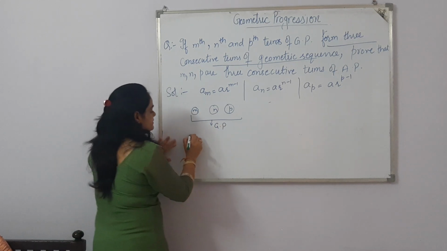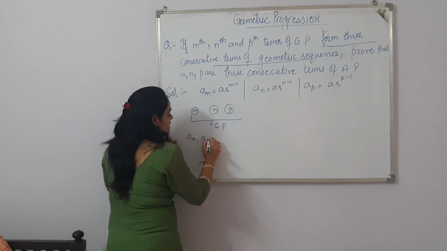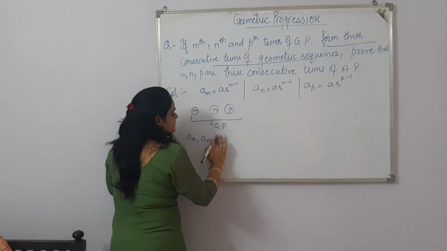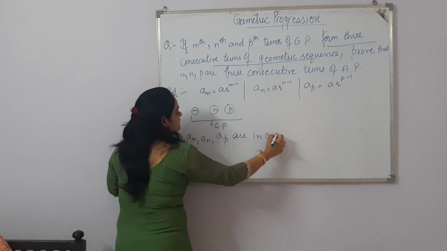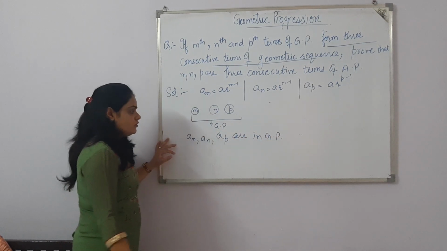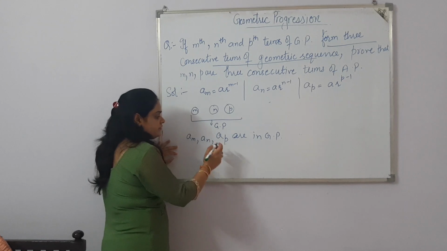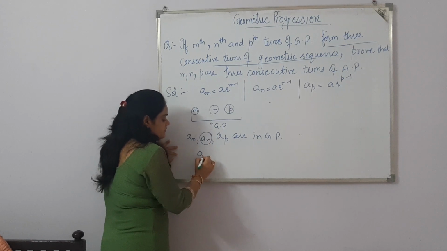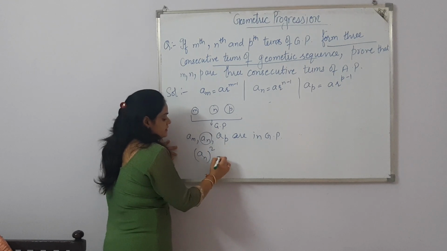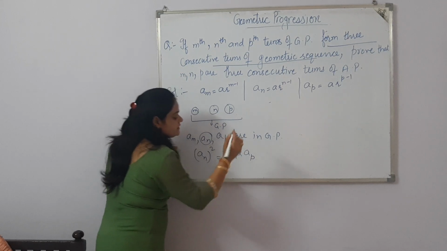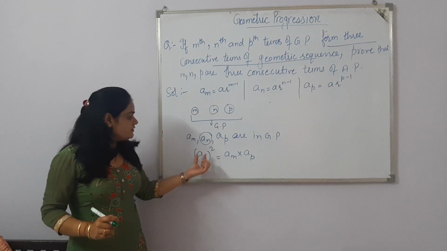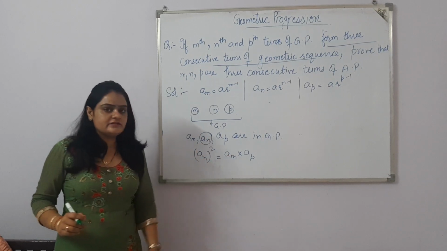That means am, an and ap are in GP. If they are in GP, the geometric progression result is: middle term squared is equal to product of exteriors.